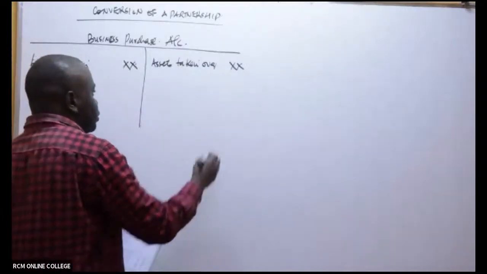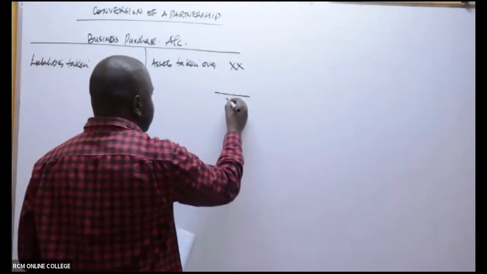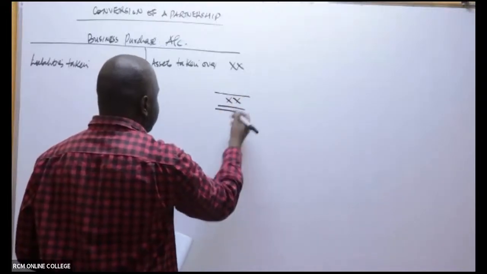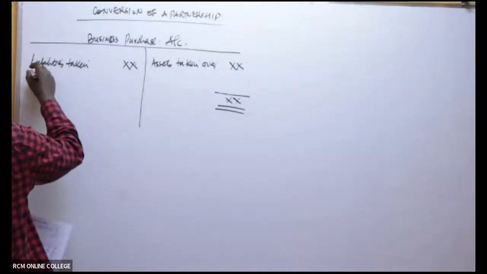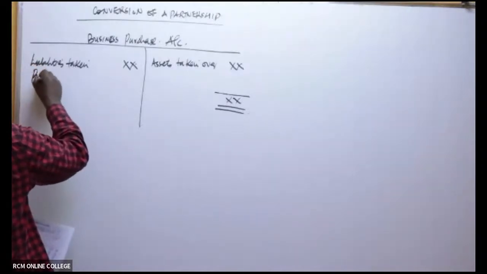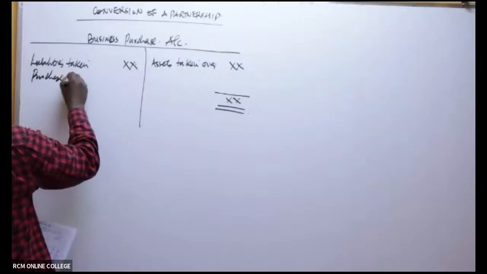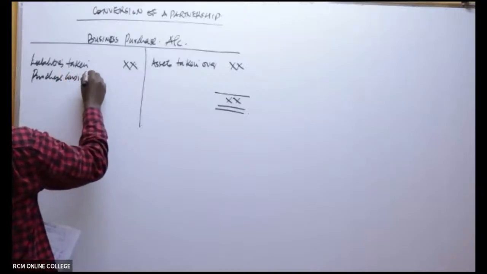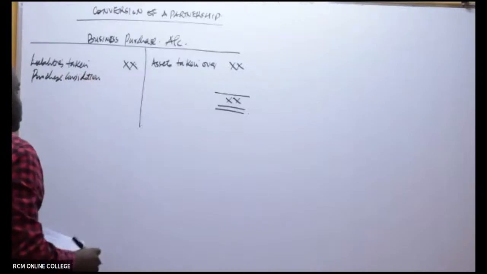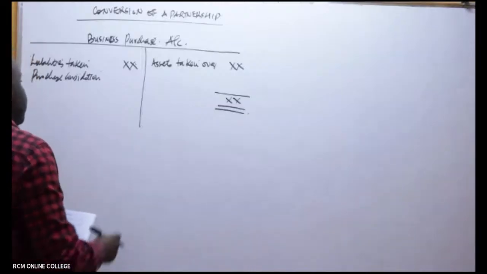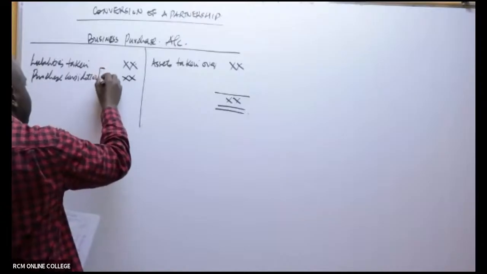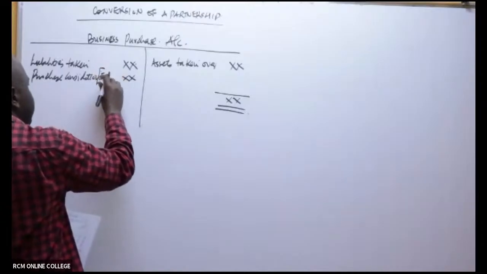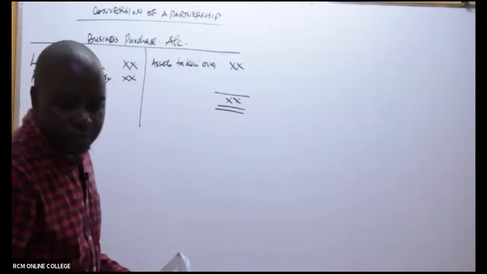Of course, at the end of it all, you'll get a total, and you'll have a balancing figure. This balancing figure we refer to as the purchase consideration. In this case, the purchase consideration will be the equity, the capital for the newly formed company. In brackets, ideally, it will be the equity for the newly formed company.